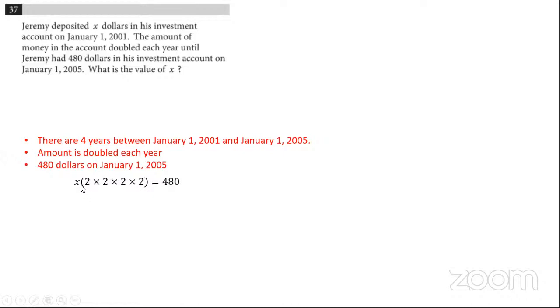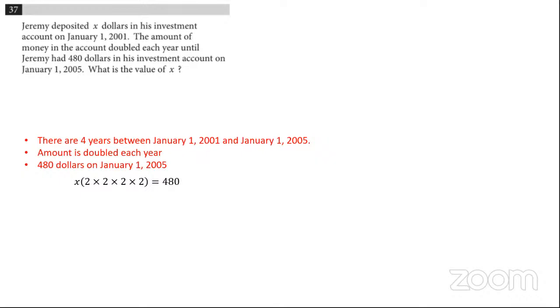In the first year it is X. The next year, the amount is double, so it will be 2X. In the next year, 2003, it will be 2X into 2. And in 2004, it will be 2X into 2 into 2. You get my point?